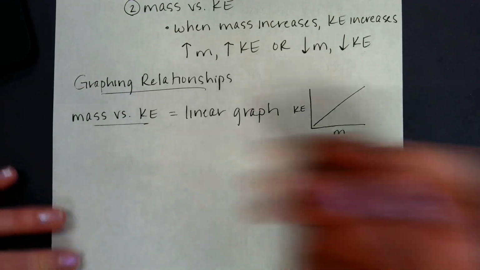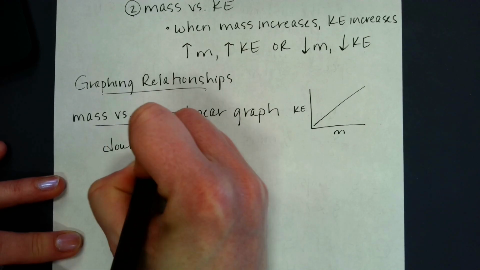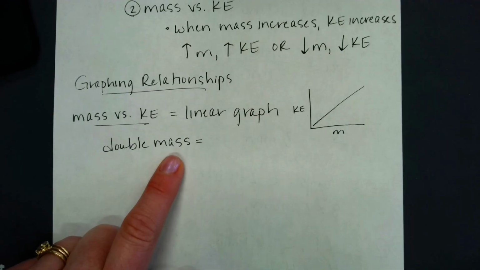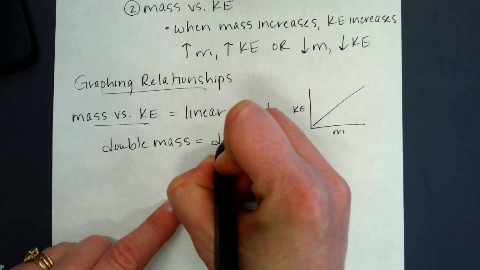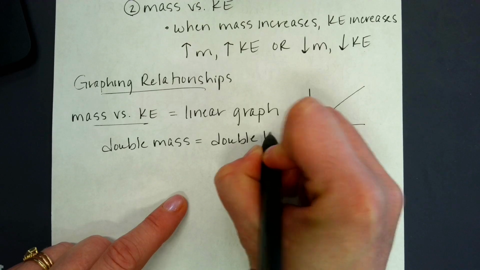Mathematically. Okay? So for an example, we could say if we double the mass, what happens to our kinetic energy? It also doubles. Same thing happens to the other variable. So we double our kinetic energy.